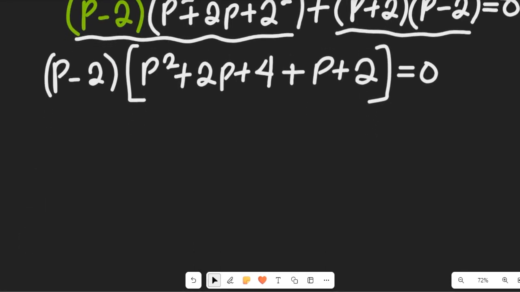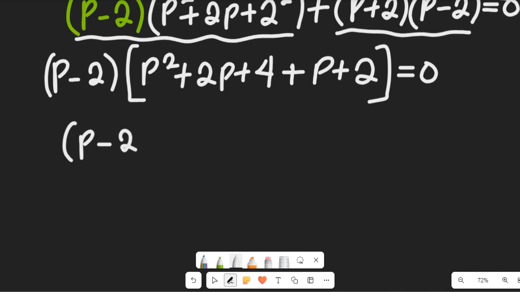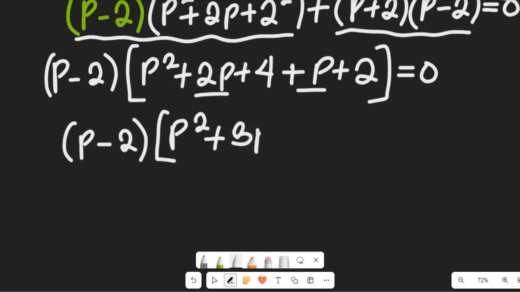So from this expression, we're going to have p minus 2, and then p squared, 2p plus p is going to give us plus 3p, and 4 plus 2 is going to give us plus 6, and all these will be equal to 0.